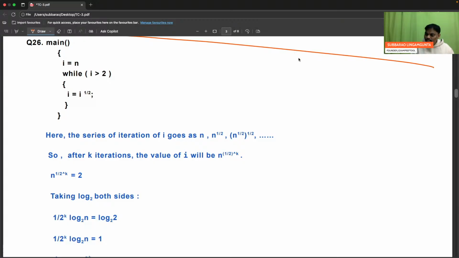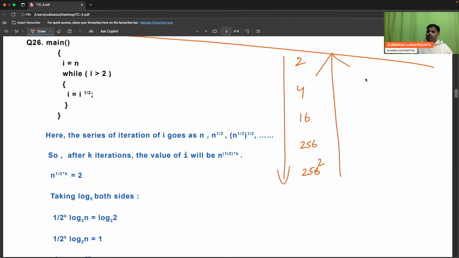Let's check here. 2, square it, 4, square it, 16, square it, 256, square it, 256 whole square. This is if you do square. If you do root, it is the reverse. Both are log log n.